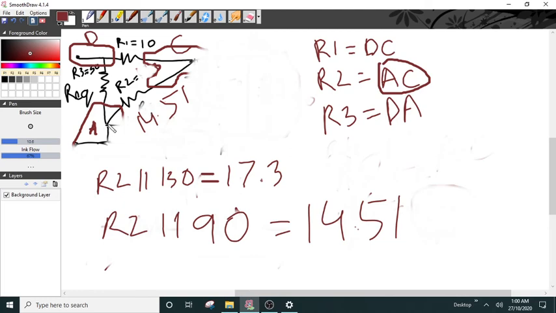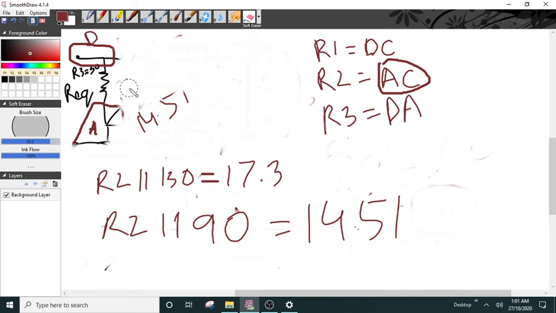So these two are in series, so I can remove these resistors and replace them with a single resistor by adding these two. So 24.51 will be my equivalent resistance of these two, and that equivalent resistance will be connected between the same nodes.